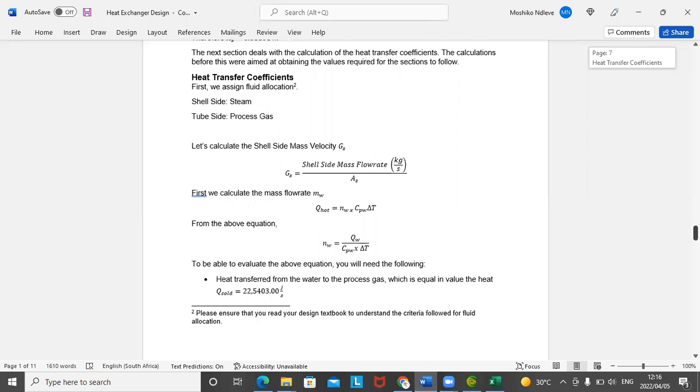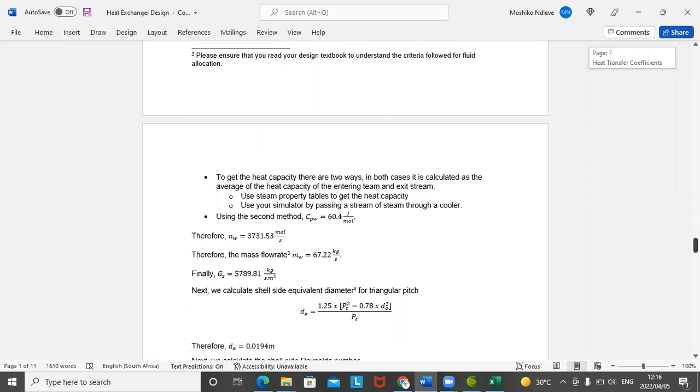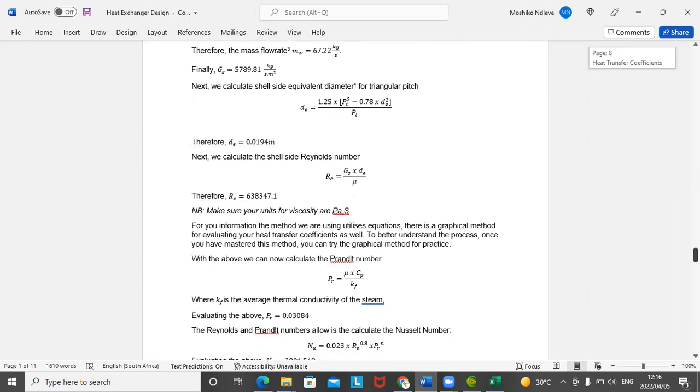It will give you the formulas, show you how everything is derived, giving you explanations as we go, where to read, what to follow up on, and how to get your heat capacities, whether from property tables or using a simulator, which is what we did. I'll take you on to how to calculate the Prandtl number, with a bit of information on what it is, but as I said, most of that is found in your textbook.